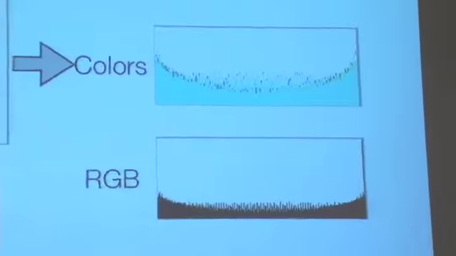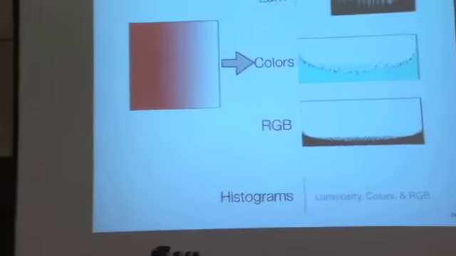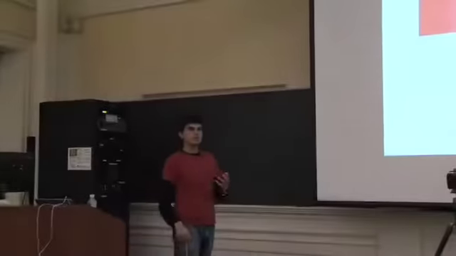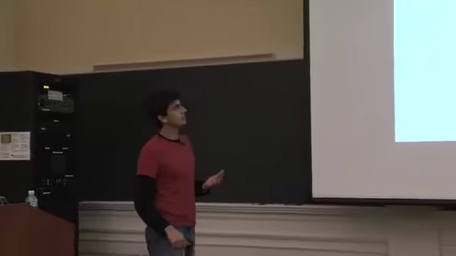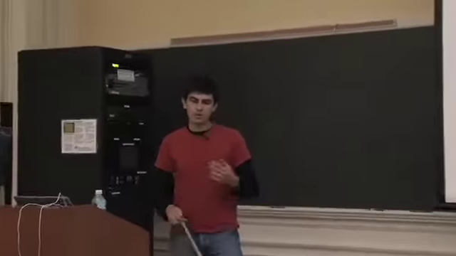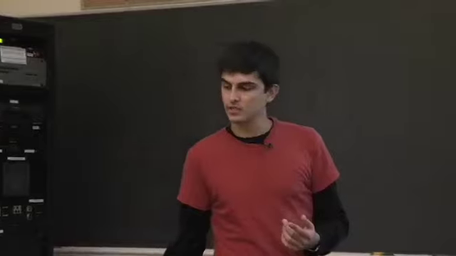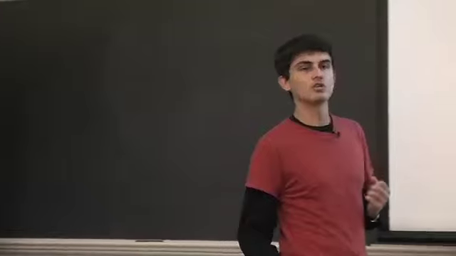So this implies that there's some useful difference between these two types of histograms. And indeed there is. Luminance histograms are quite useful for showing you the apparent brightness of an image, but they're not very good at telling you when you're completely overexposing one particular color channel.